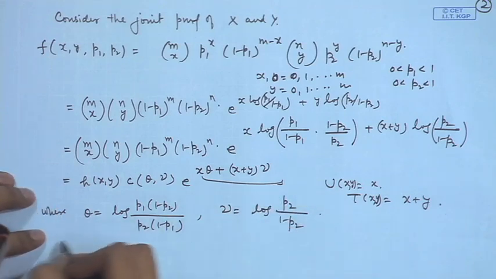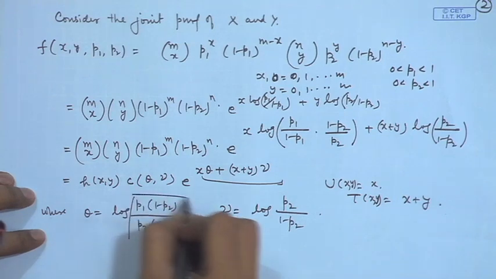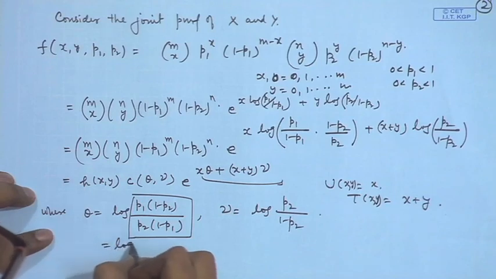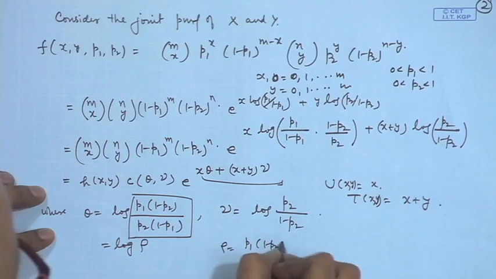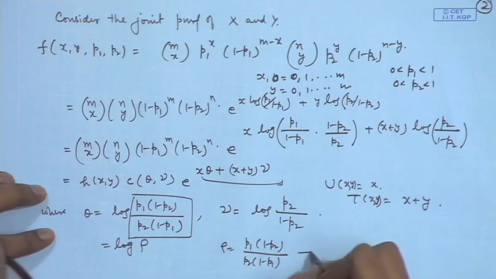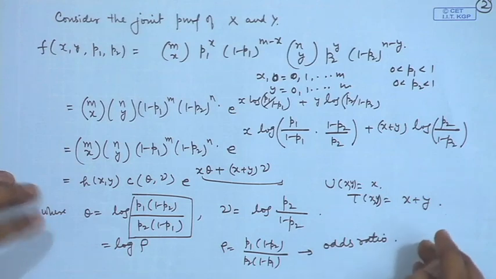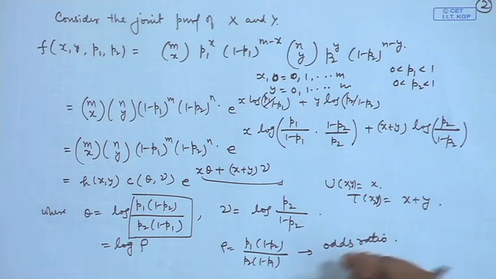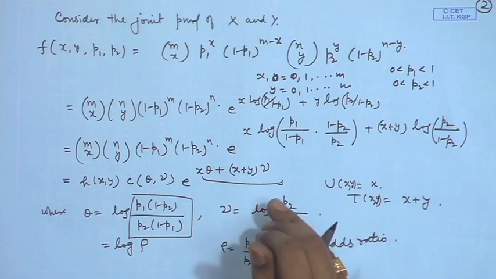This particular quantity, we can call it log of some rho, for example. Rho is equal to p 1 into 1 minus p 2 divided by p 2 into 1 minus p 1. So, this rho is also called the odds ratio. That means p 1 by 1 minus p 1 is the odds in favor of events happening with x, and p 2 by 1 minus p 2 is the odds in favor of events happening with y.